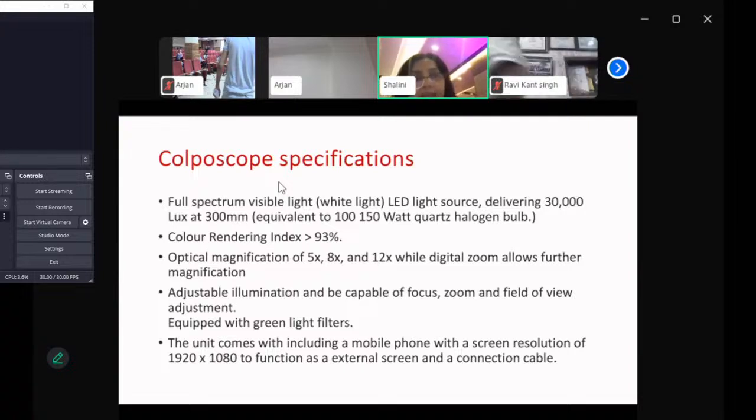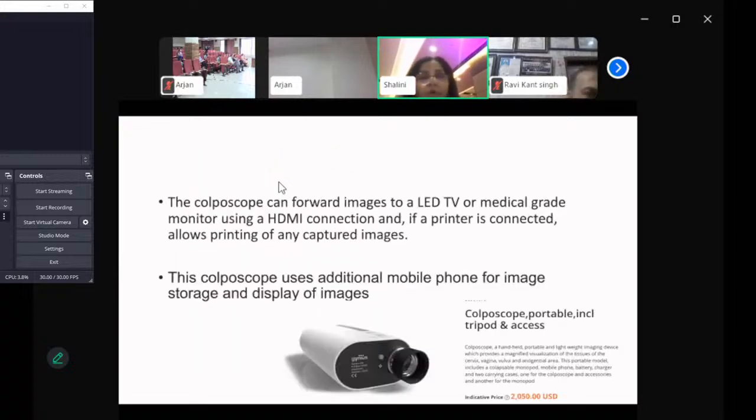Then it is equipped with green light filters, which of course can be done by our IIT team. The UNICEF model has a phone along with this, which is used as a monitor. But we plan something on the phone. So this is the one model which is of the UNICEF.